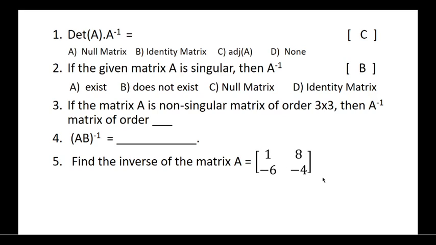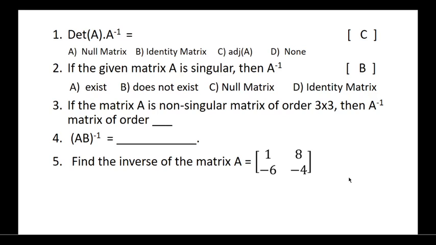So minus 4 minus of minus 48, minus into minus becomes plus 48. So minus 4 plus 48 equals 44. After getting the determinant of A, next we discuss the adjoint matrix.